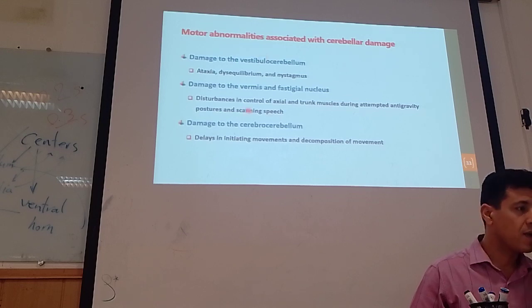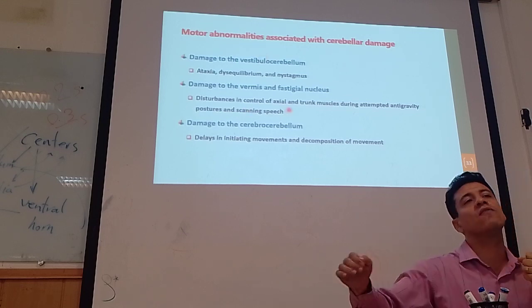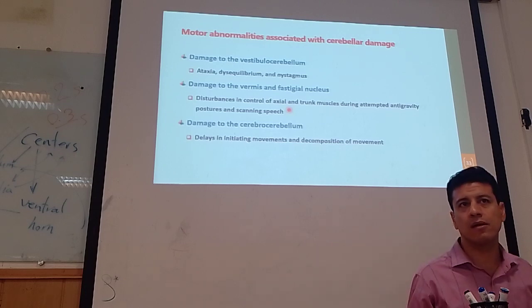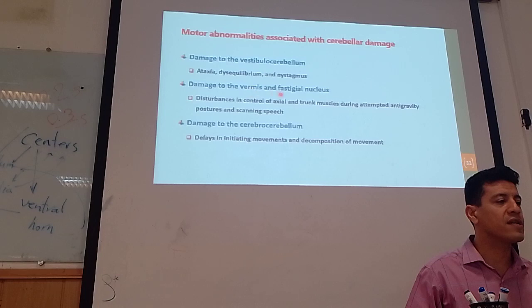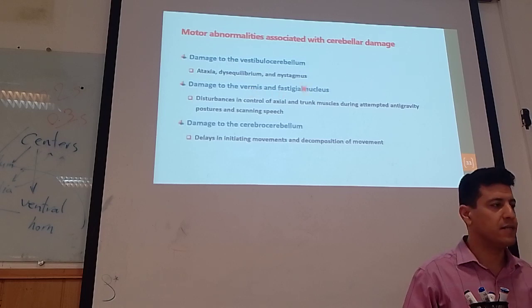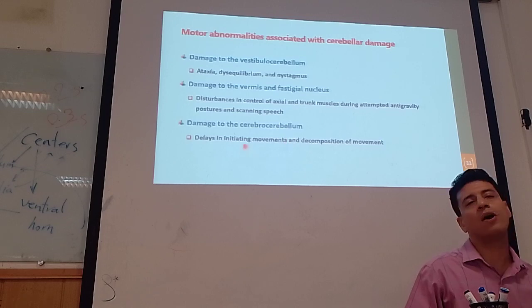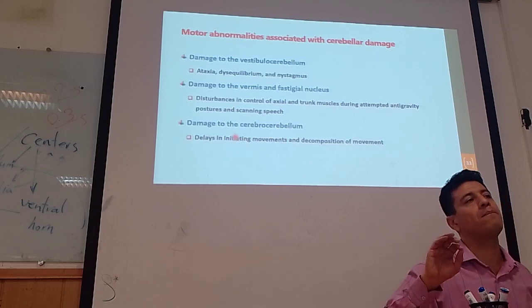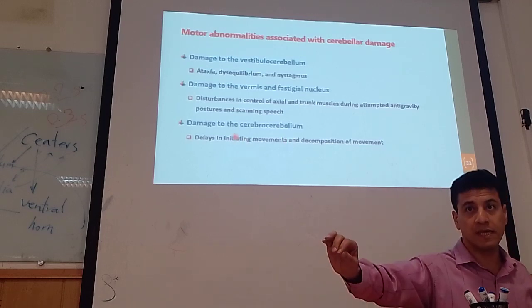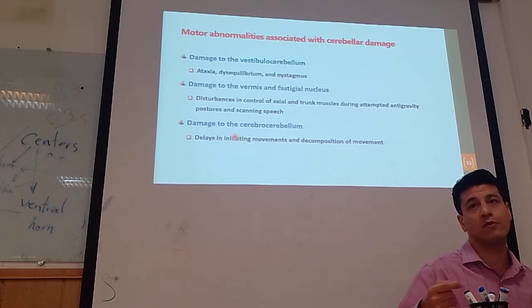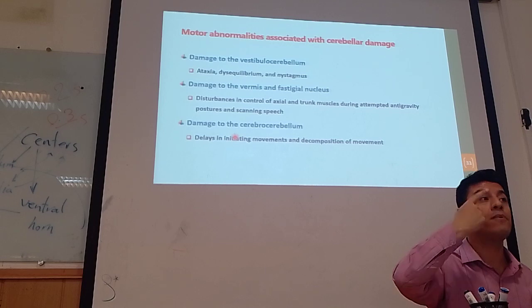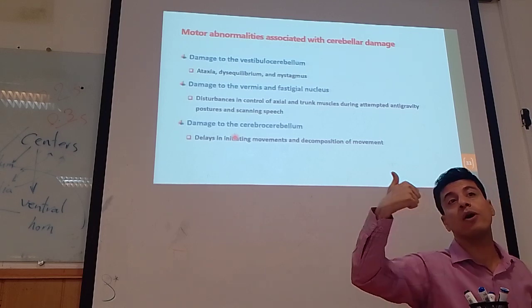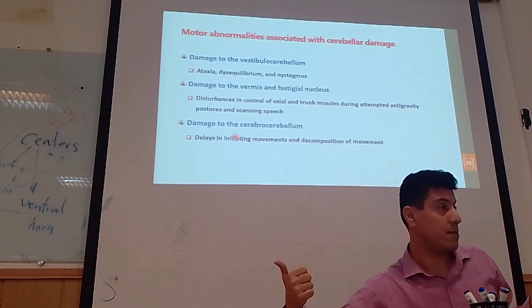But when there is a problem in the control of limbs and axial muscles, there may be damage in the vermis and fastigial nucleus. Damage to the cerebellum may cause problems with smooth progression and decomposition of movement. So when the finger to nose test is abnormal, the problem is in the cerebellum.